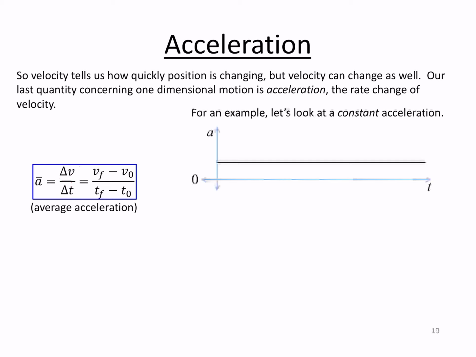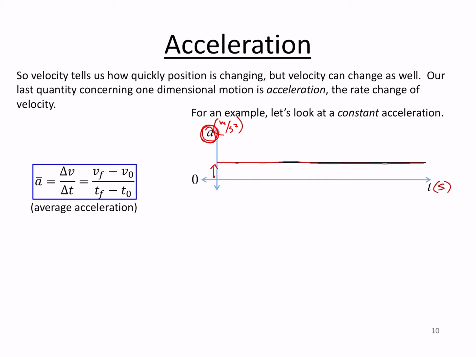If you have a constant, and in this case positive, acceleration, because I'm above the axis as I've drawn it, well, that means, in terms of our graph here, where we've got acceleration in meters per second squared on the y-axis and time in seconds on the x-axis, if we say it's constant, then whatever value it is, we don't specify here, but say 4 meters per second squared, then that's going to be the same for the entire period of time that we consider it.